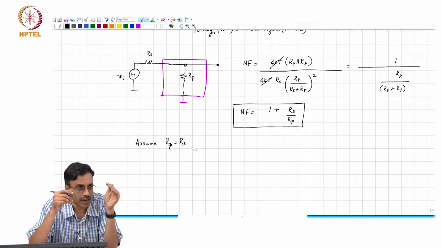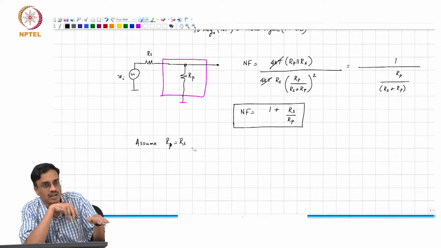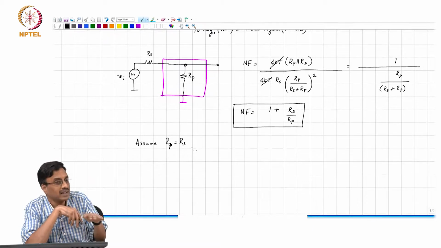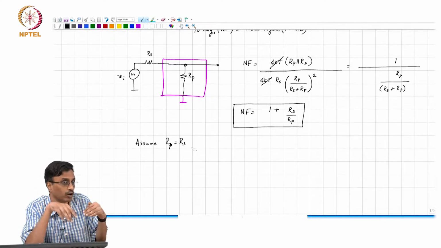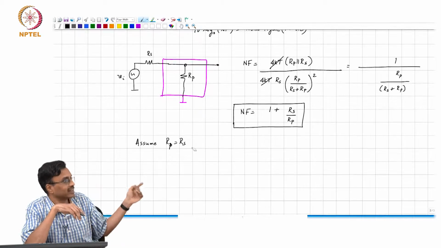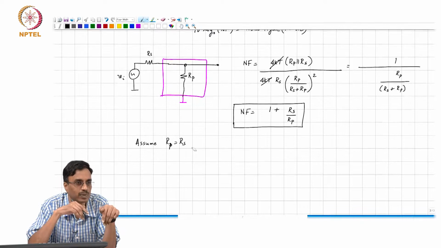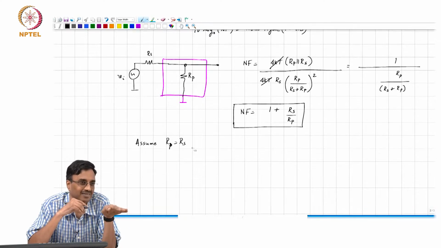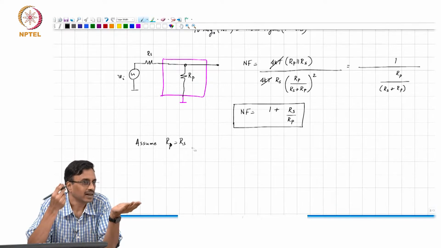So, the noise spectral density at the output has actually gone down. That does not mean that the signal to noise ratio is improving. Why? Oh, well, the signal is also attenuated by the same factor, which basically means the signal power has gone down by a factor of 4.